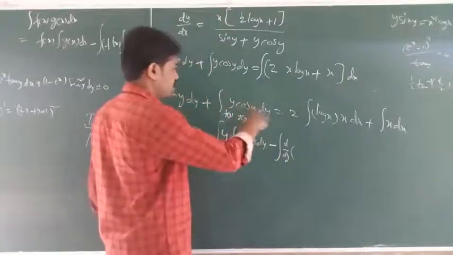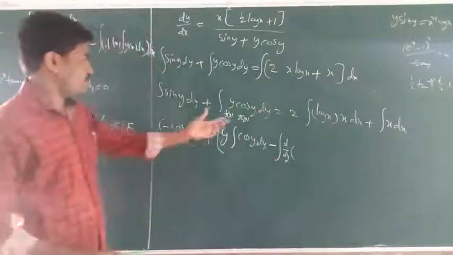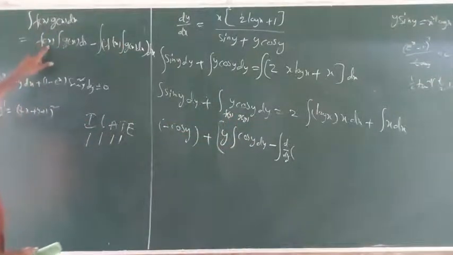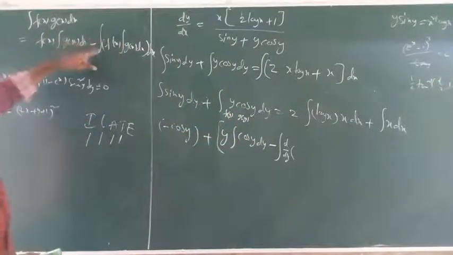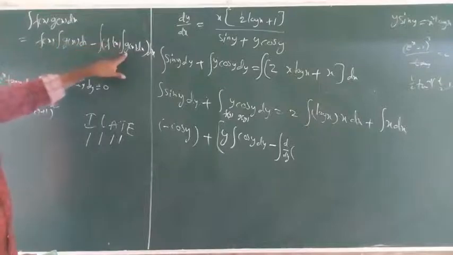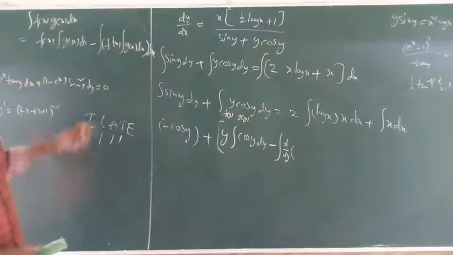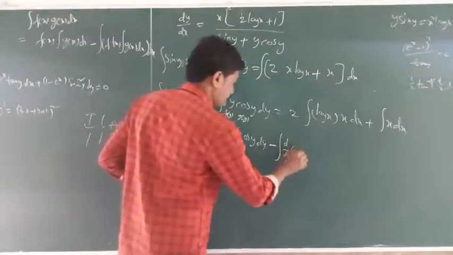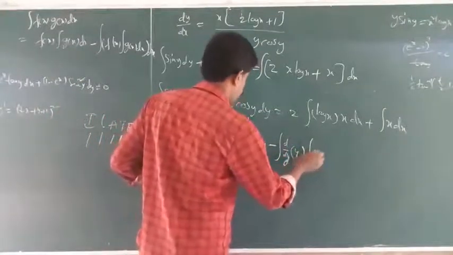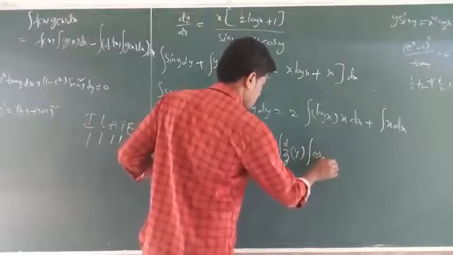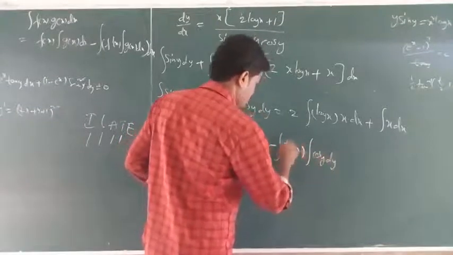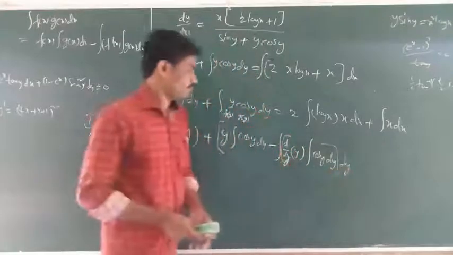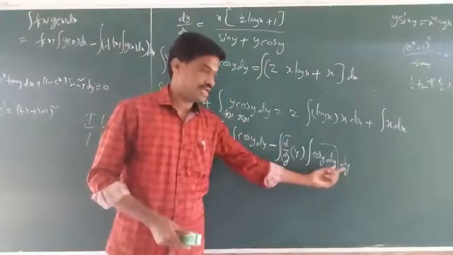So this is the main formula: f of x integration g of x dx minus integration f dash of x into integration g of x dx into dx. So two integration terms into dy.